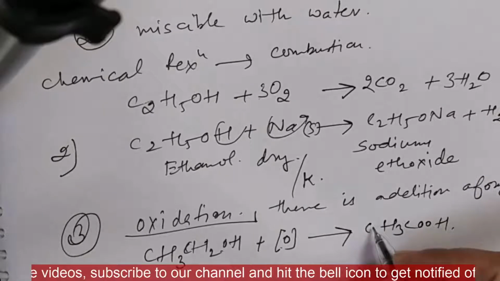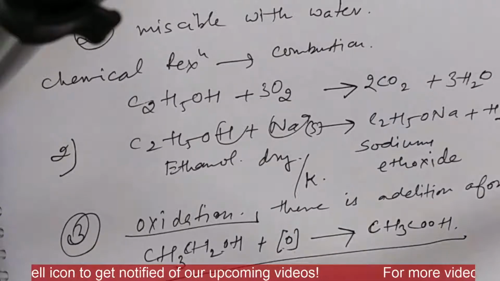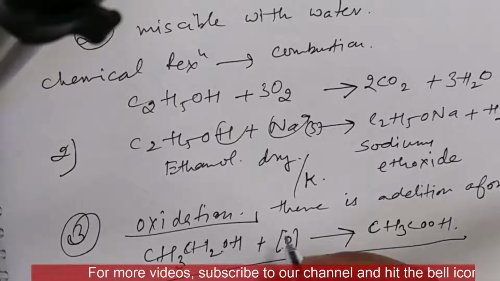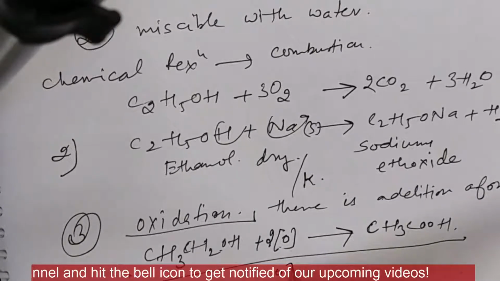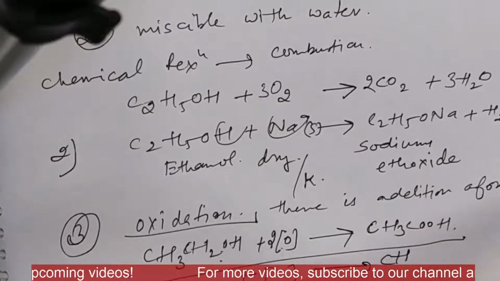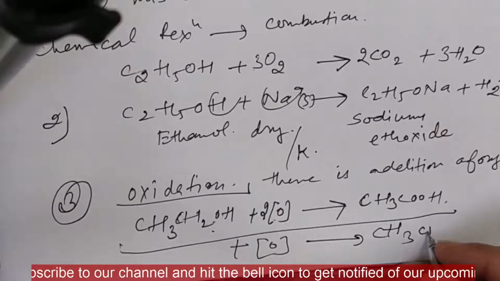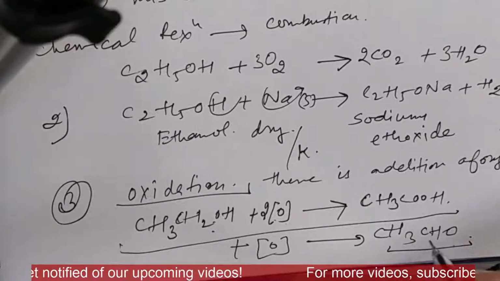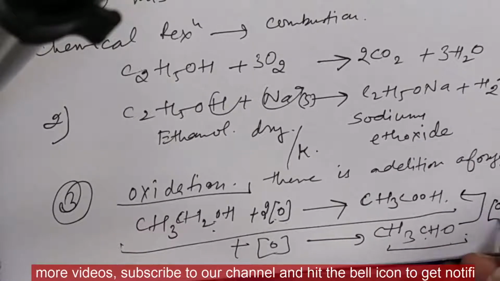So this is the oxidation reaction shown when there is complete oxidation. When complete oxidation is there, then 2 moles of nascent oxygen are added. When only 1 mole of oxygen is added to ethanol, there will be the formation of aldehyde, CH3CHO, and when you add nascent oxygen again, it will form acetic acid.